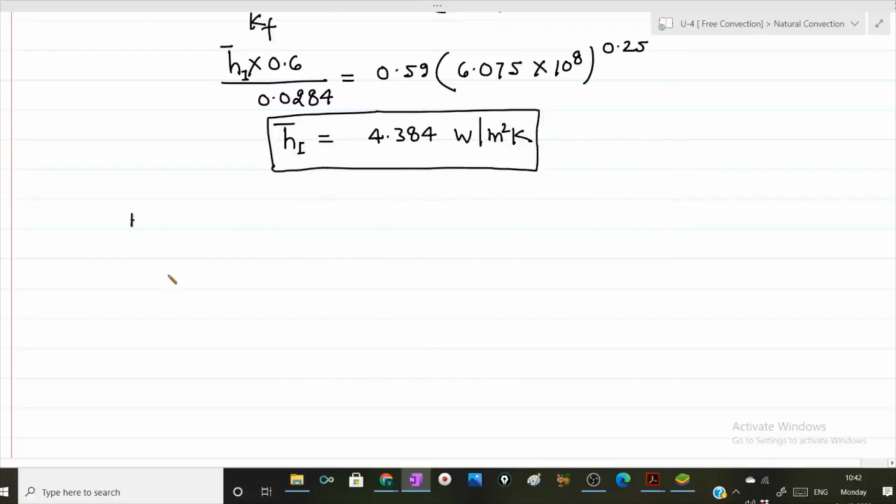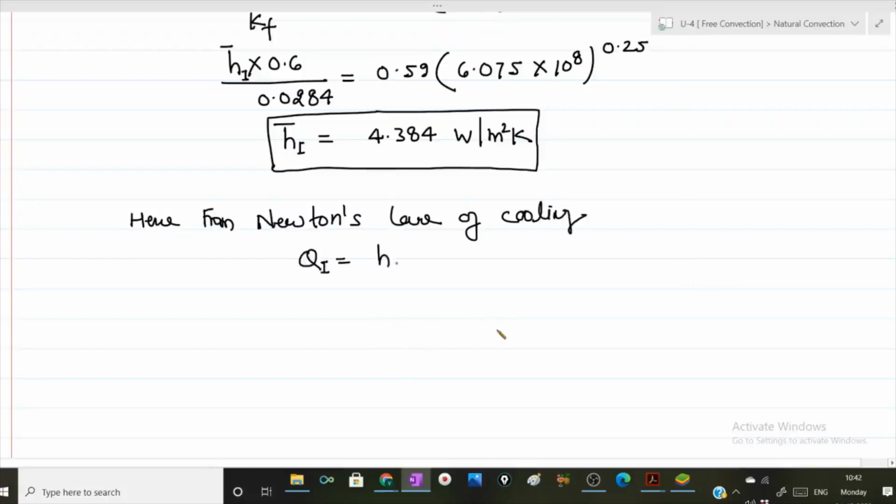Hence, from Newton's law of cooling, heat transfer rate Q1 is h1 bar into As into Ts minus T infinity.